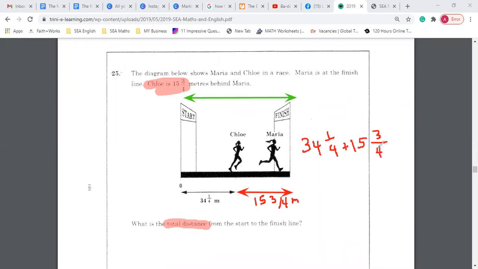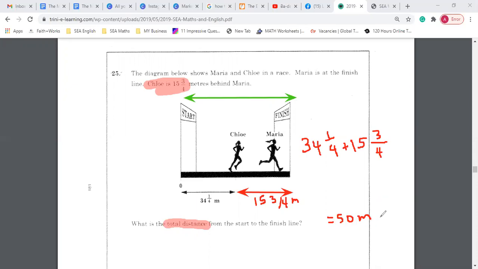All right, does anybody have their answer ready? Yes, miss. Great. Let me hear what you have. 50. Anybody else has an answer? Me, miss. All right, what do you have? The same thing. Okay.